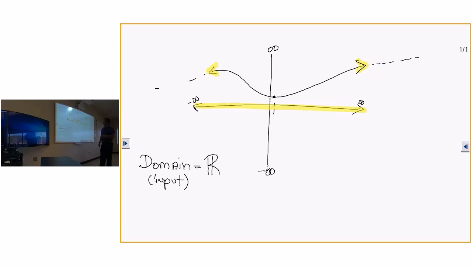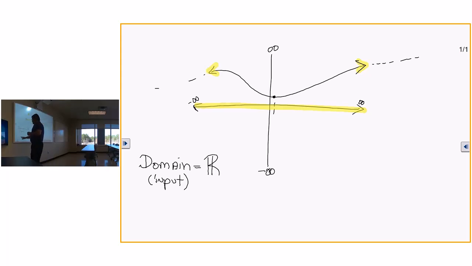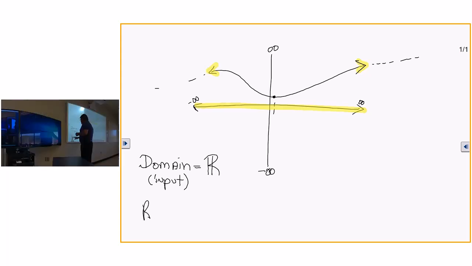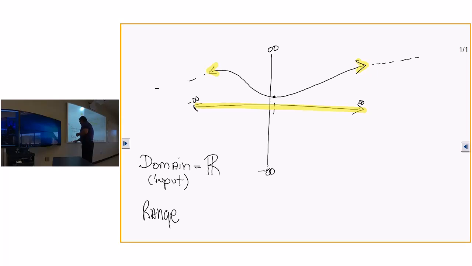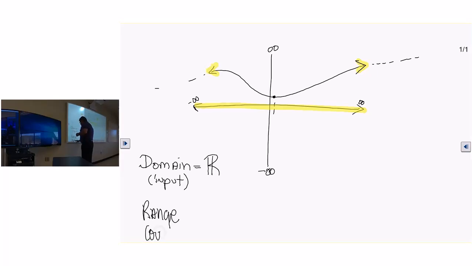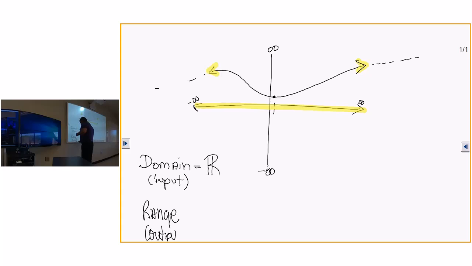Okay? What is the range of this function? Well, what is the range? The range is your output. Usually, it's your y. Where the domain is x values, your range is your y values.